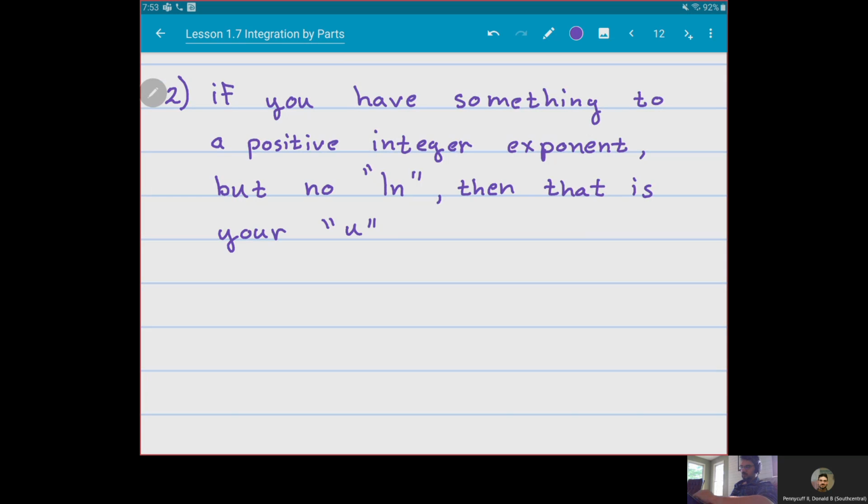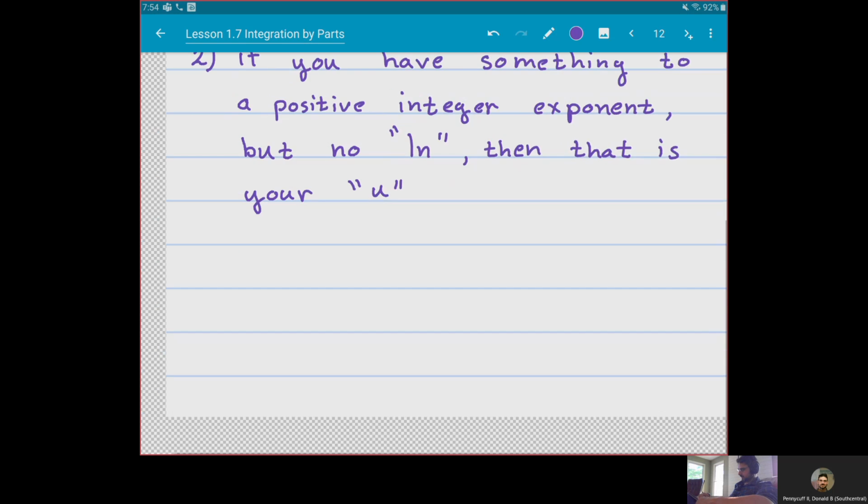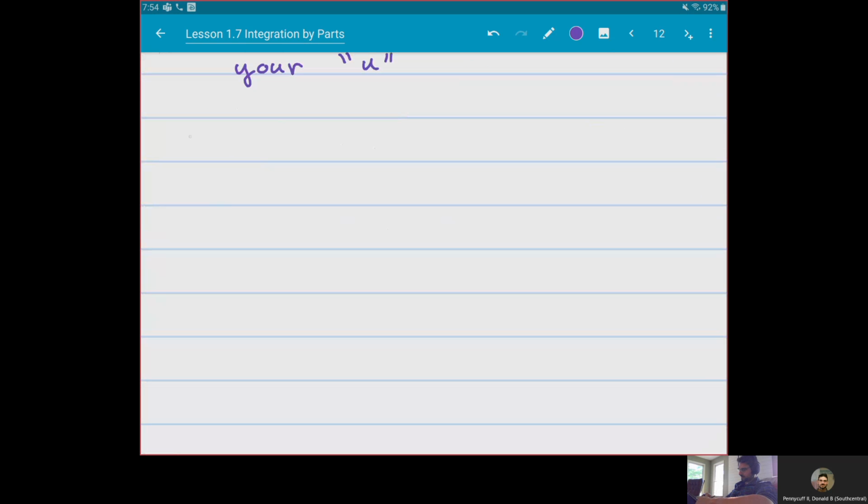Okay. If you don't have either of those, then really it's probably not going to matter. I'm not saying it won't matter, but odds are you've got sine or cosine and e raised to a power, and then it's not going to matter which one you pick to be u. Okay, so that would be number 3.